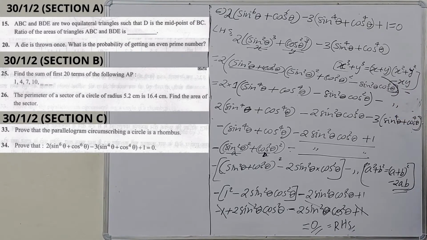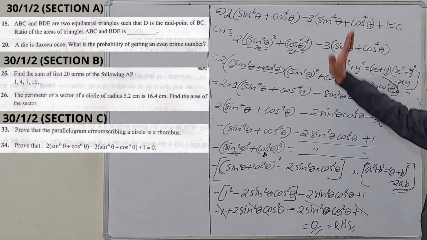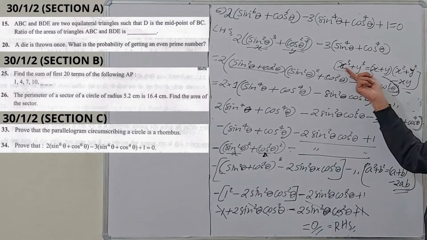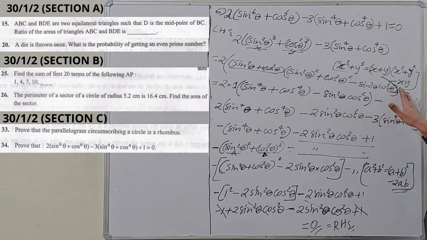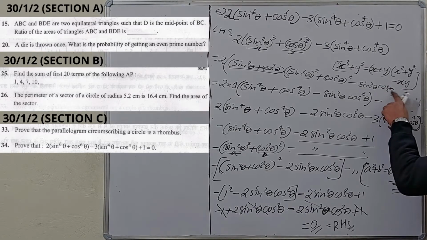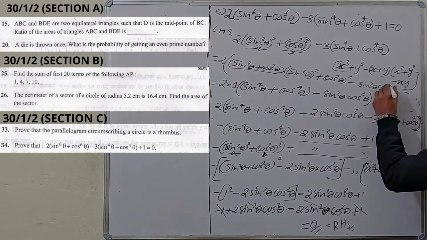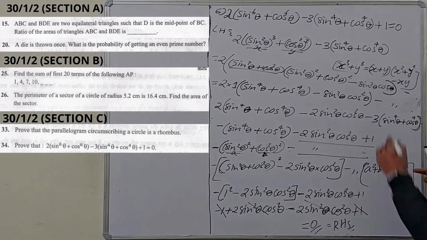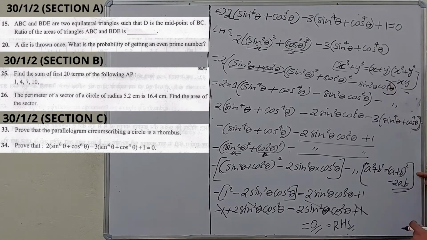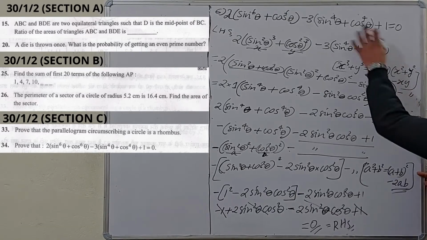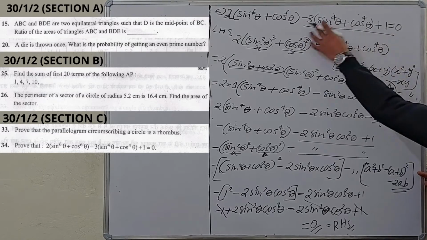Hence it is proved. So I have just explained quickly how first we wrote it in terms of squares and applied the x cube plus y cube identity. We have written this one. We have written here the cos square theta. Then there was that term we have not yet written here. So this entire term we have not written here.